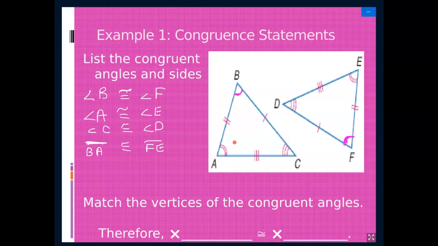So I went from B to A. Now I'll go A to C. So that's 2 to 3.